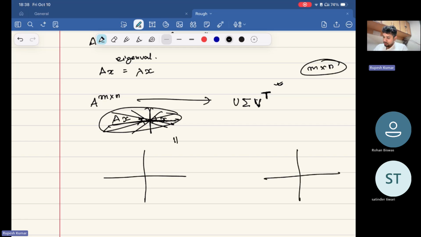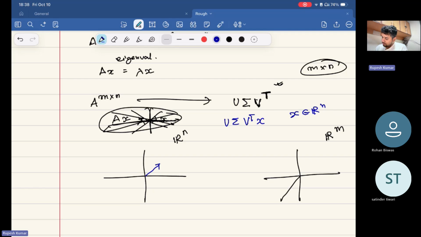It was taking vectors in Rn and transforming them into vectors in Rm. Now you simply say U sigma V transpose times some vector x, where x belongs to Rn. So let's say I have a vector in Rn space.